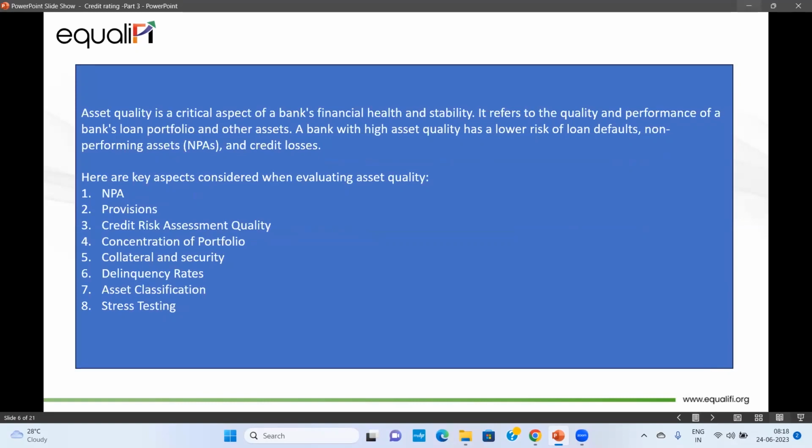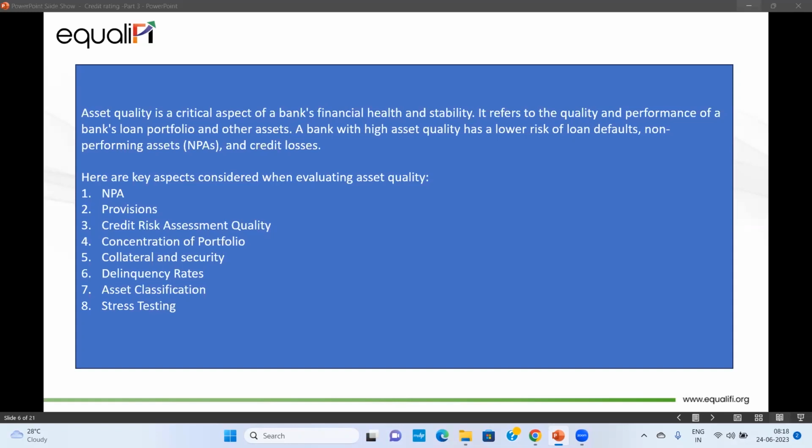Next is asset quality is critical, Anand, but that is the figure. Asset quality is a critical aspect of a bank's financial health and stability. It refers to the quality and performance of a bank's loan portfolio and other assets. A bank with high asset quality has a lower risk of loan defaults, non-performing assets, and credit loss.